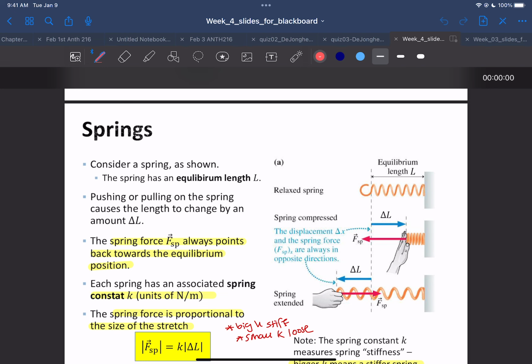Not quite. So normal force isn't necessarily going to be equal to mg.